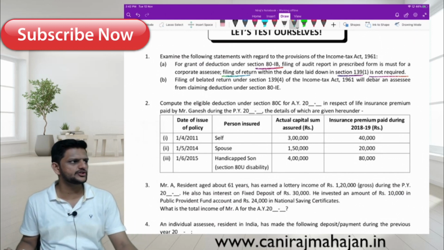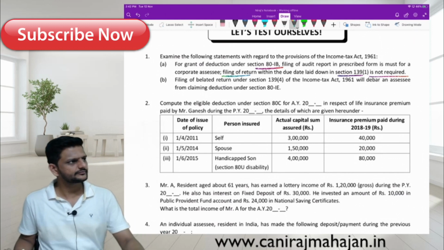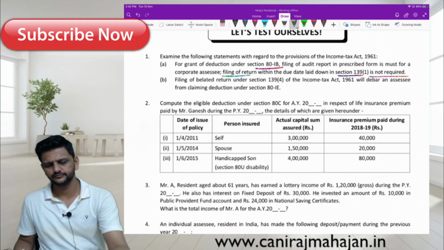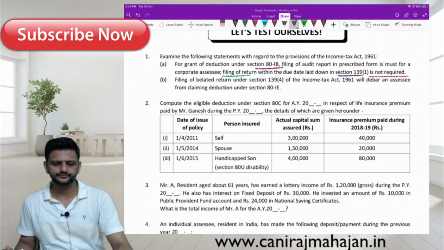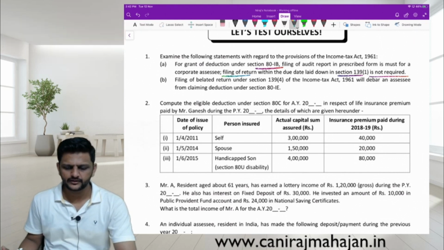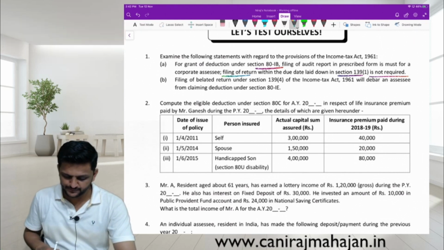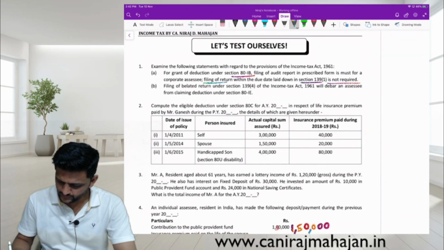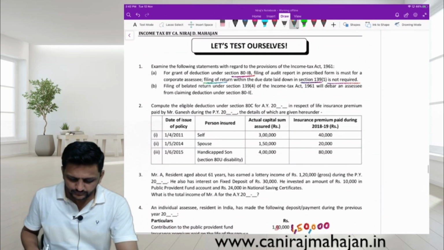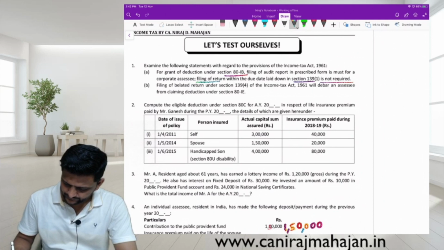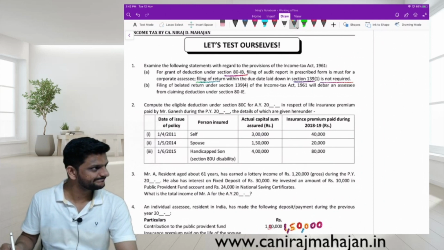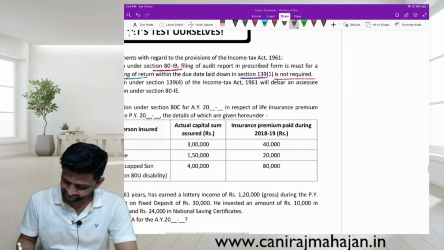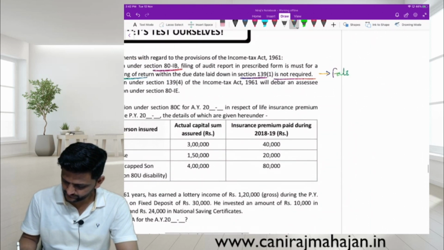Check the first page of the chapter. That list of sections is mentioned. As per which section? Good. You are writing this here. True, false? False.